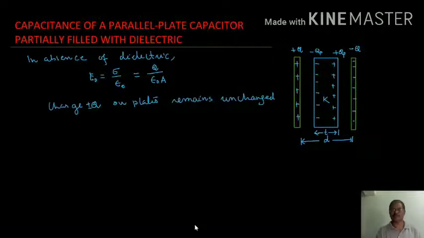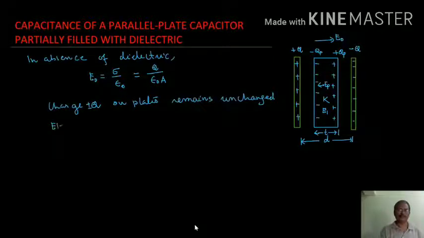So an electric field is set up inside the dielectric, which is called the electric field due to polarization, EP. Our original electric field is E0. So the net electric field inside the dielectric is E1. So E1 is equal to E0 minus EP.